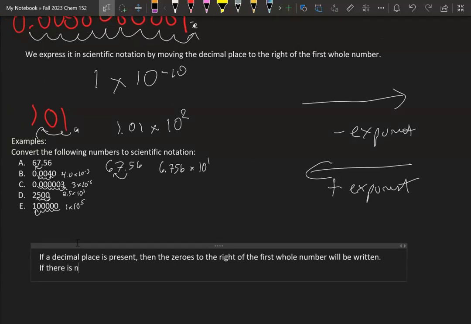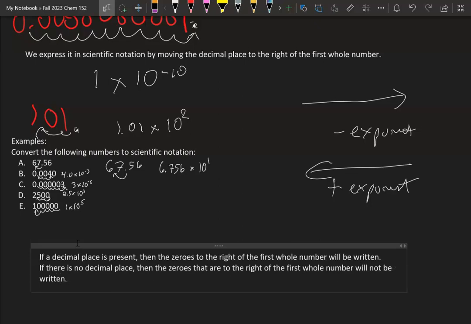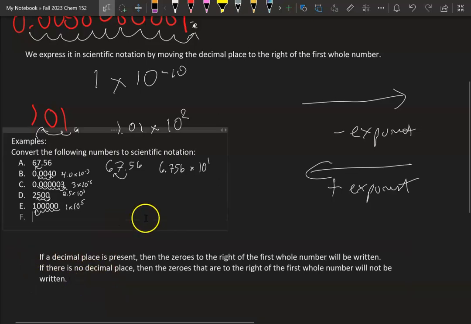If there is no decimal place, then the zeros that are to the right of the first whole number will not be written. All right, so that's just what I want to summarize there, is just paying attention. Those are just subtle details, and the more you practice this, the better you're going to get with it.